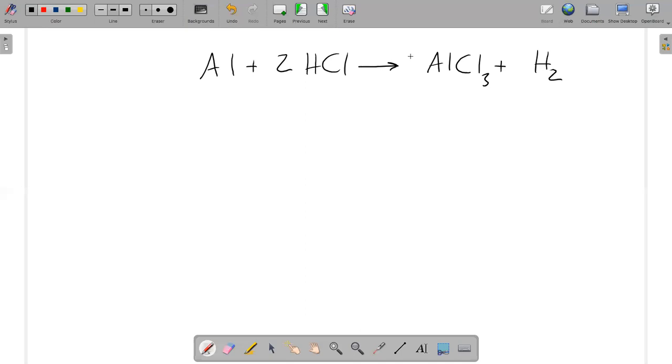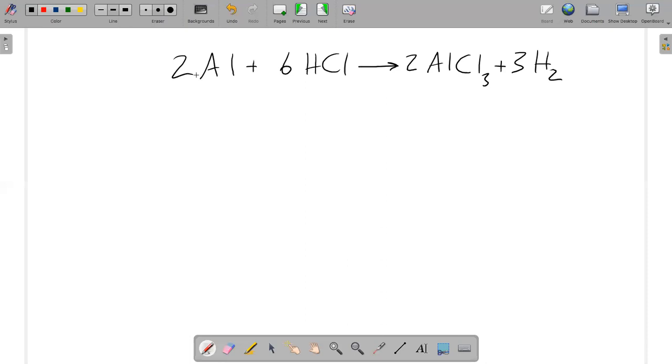So you actually need to have 2 aluminum chlorides, and then you have to have 6 HCl's. And there's going to be 3 hydrogens and 2 aluminums. Yeah, you can't do any better than that.